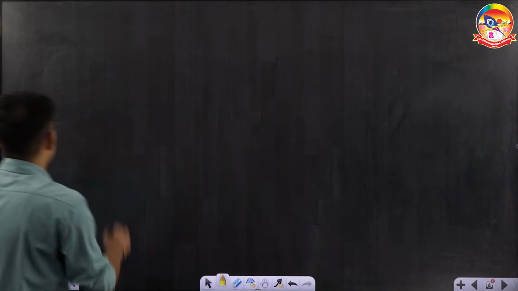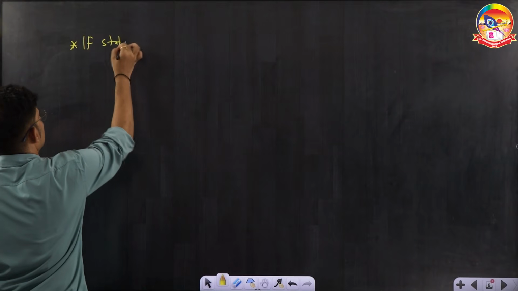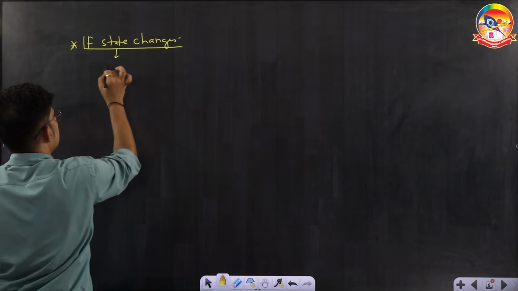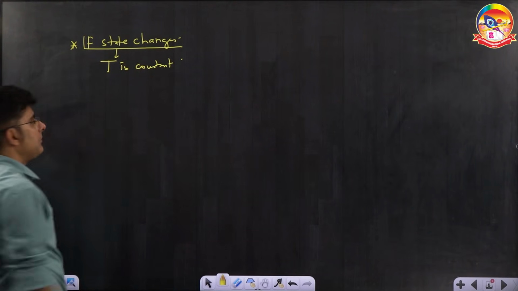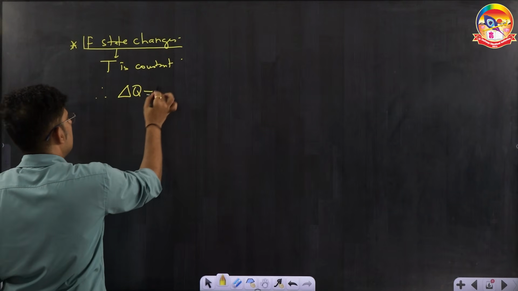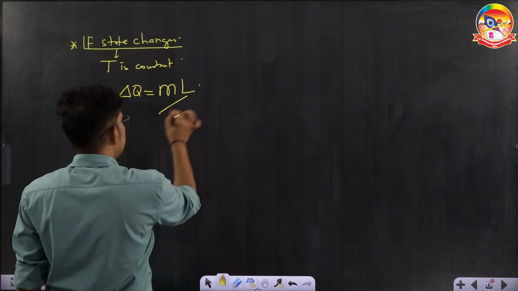Now next thing comes, what we call as, if state changes. So at that time temperature is constant. So temperature becomes constant at that time. So if state changes, then we directly use delta Q is equal to m into L. L is called latent heat. This latent heat is of two types.